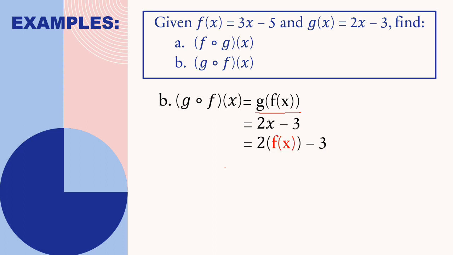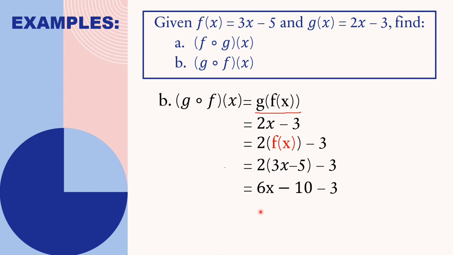Okay, then you are going to substitute f of x to variable x here. So x becomes f of x. Okay, then yes, f of x is equal to here 3x minus 5. Therefore 3x minus 5 here. So we have here 2 times the quantity of 3x minus 5 minus 3.